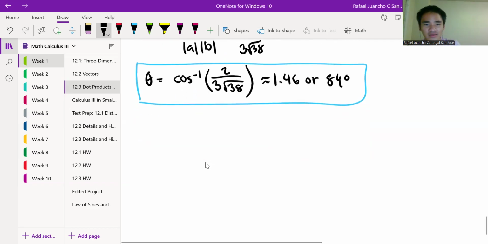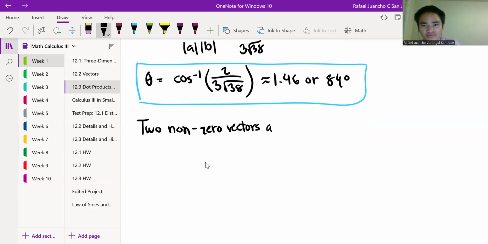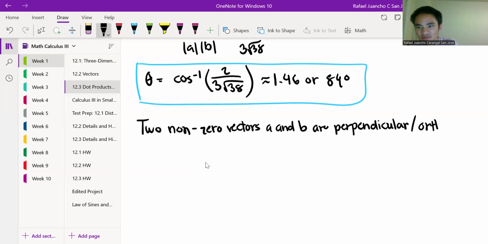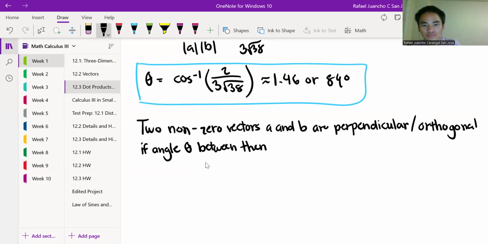Right, so we're saying here, if we have two non-zero vectors, I'm assuming they're A and B, are perpendicular, so these two vectors are perpendicular or orthogonal if the angle between them is pi half, right? Or 90 degrees.